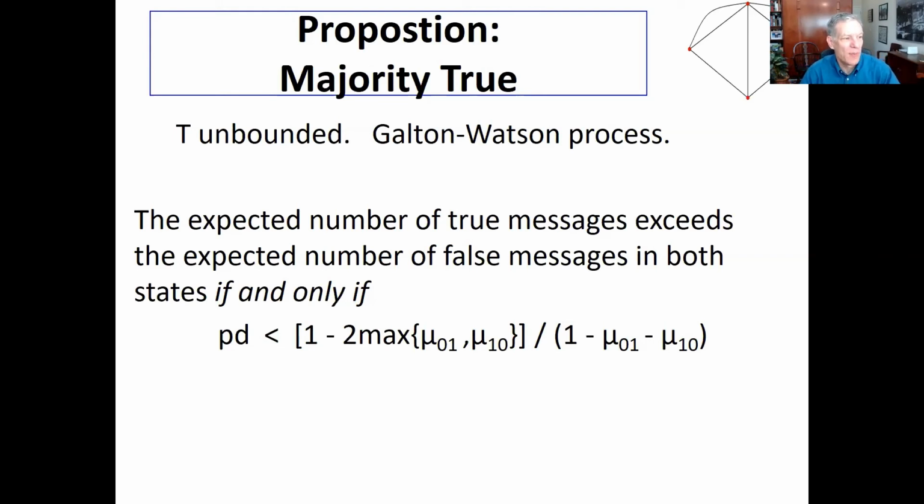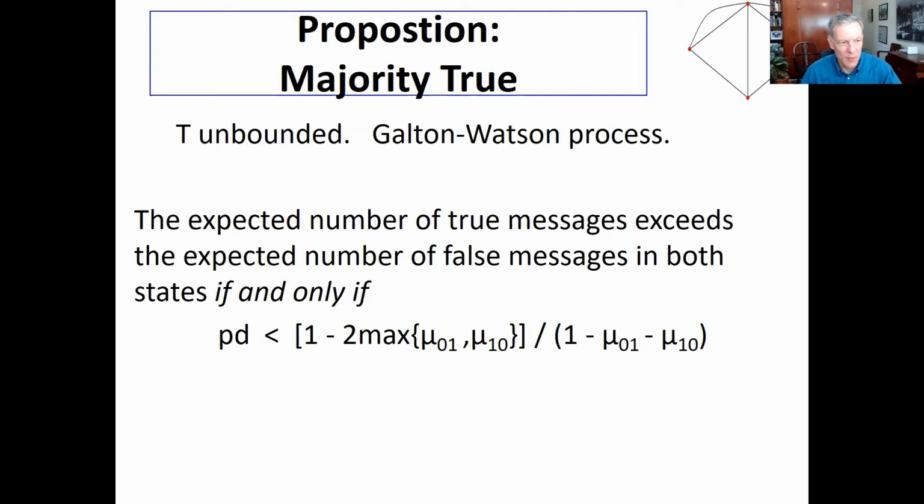Then you look at the expected number of true messages. That's going to exceed the expected number of false messages in both states, if and only if the breadth of this tree is bounded by (1 minus 2 times the max of the mutation rates) divided by (1 minus the sum of the mutation rates). So it turns out to be a very simple formula, which actually governs it.